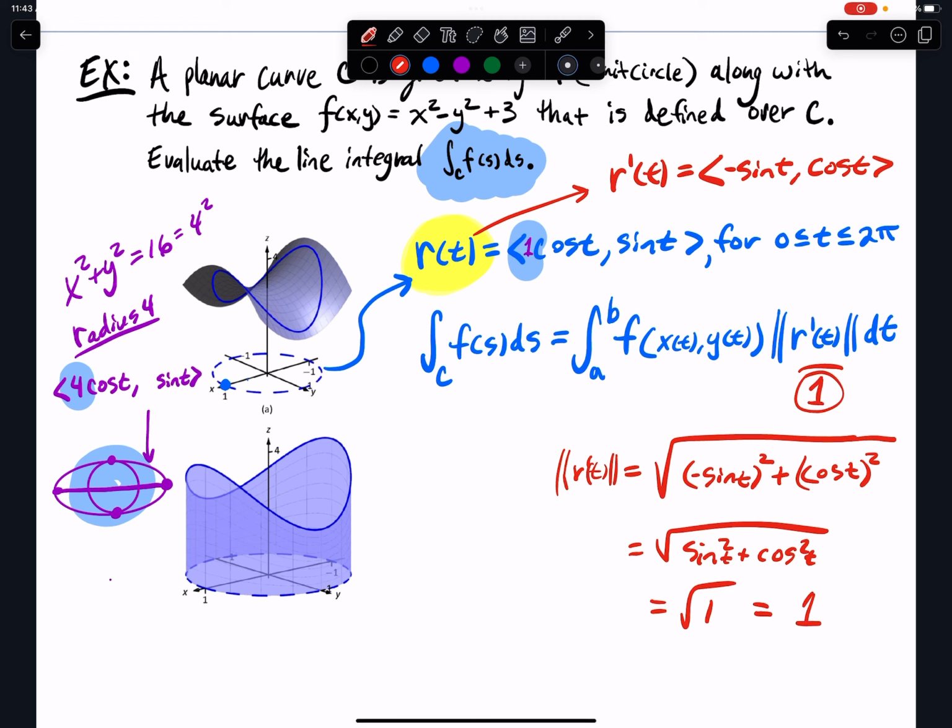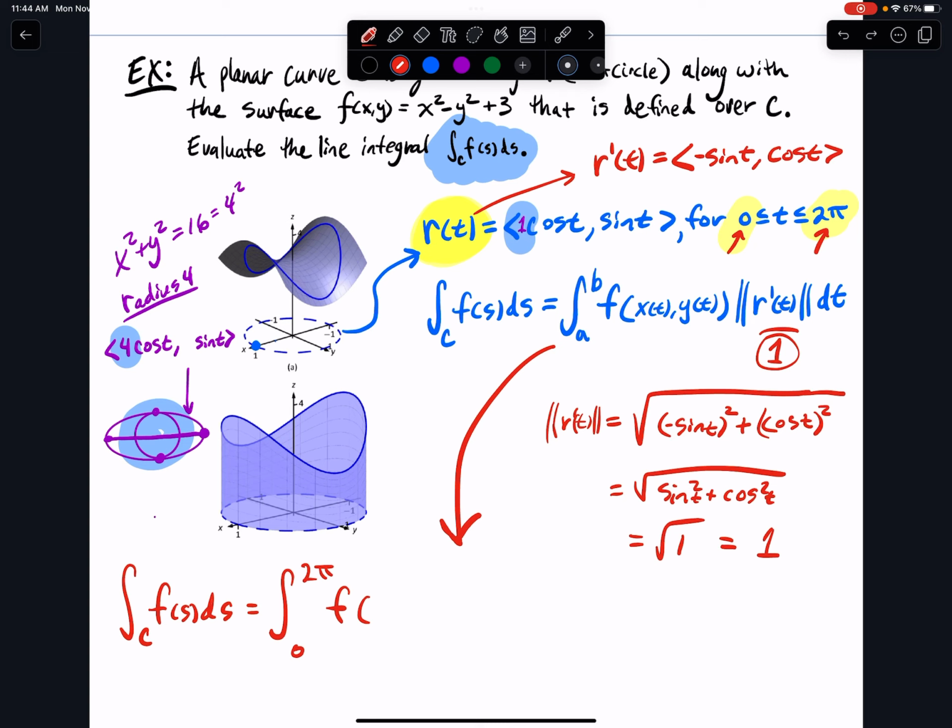Now, f of x of t, y of t, which is what? It's cosine t, comma sine t, and then 1 dt. So remember what the function is. F of xy is x squared minus y squared plus 3.